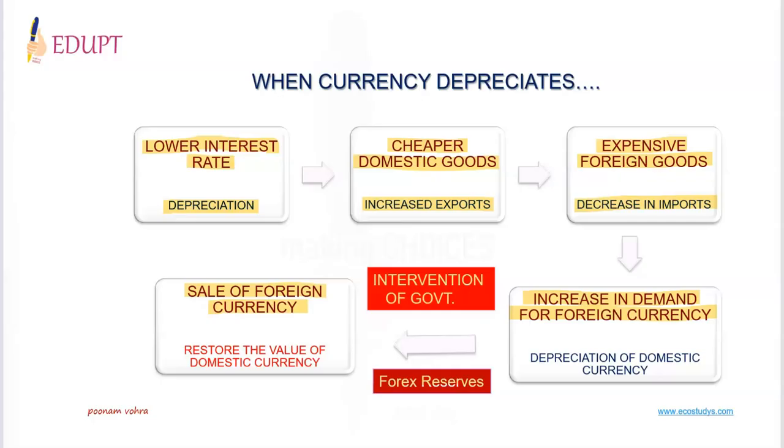Other things remaining constant, increase in supply of foreign currency would be expected to reduce its price in relation to domestic currency, and finally, the value of domestic currency gets restored.